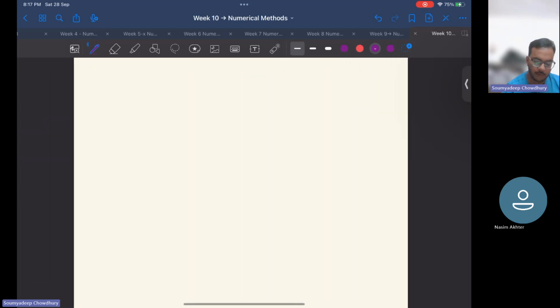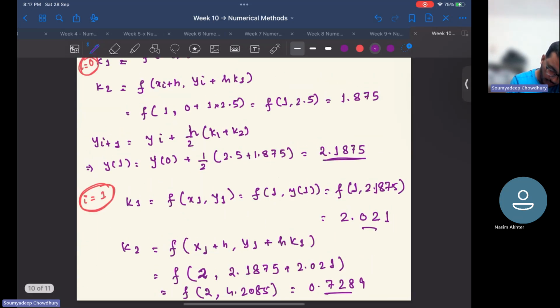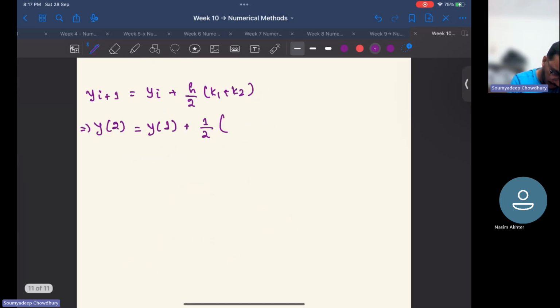K1 and K2 we have got. Now we will substitute this. Yi plus 1 equals yi plus h by 2 into k1 plus k2. So this is y of 2: 1 by 2, k1 is 2.021 and k2 is 0.7289.